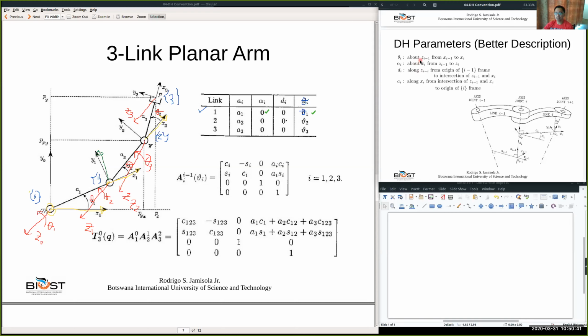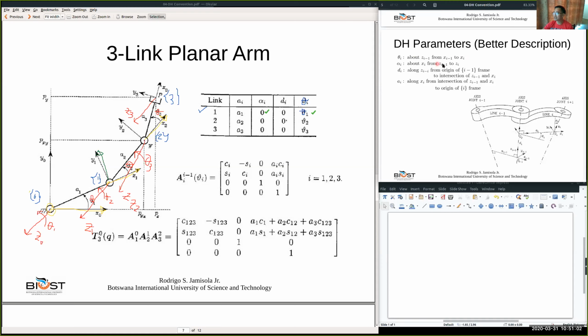About means that those are the angles, and then along will be the distances. We start with about so that we know it's rotating from that particular axis to another axis, so that we can have an analogy.